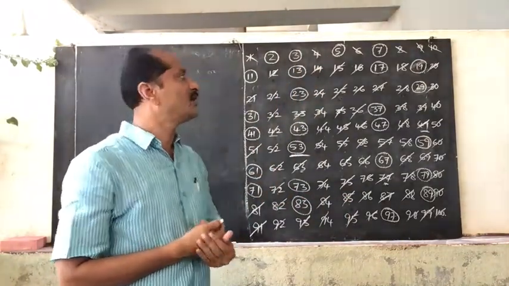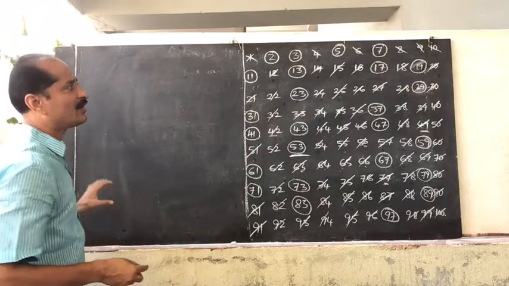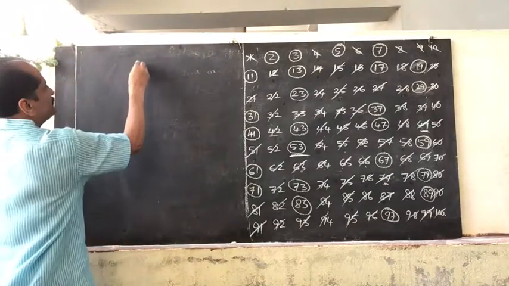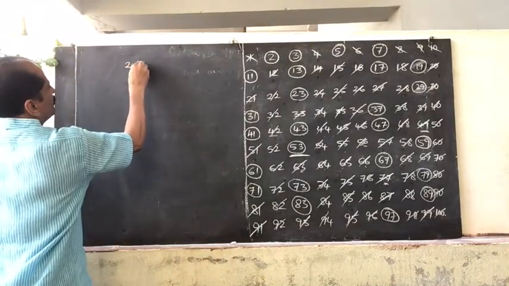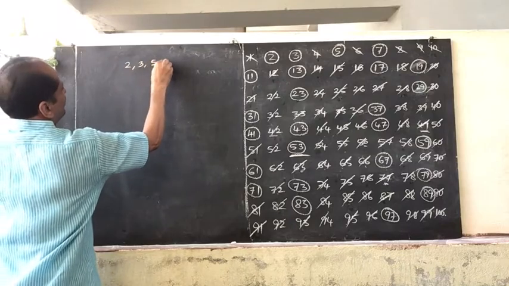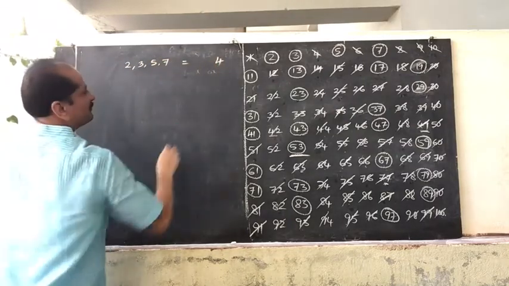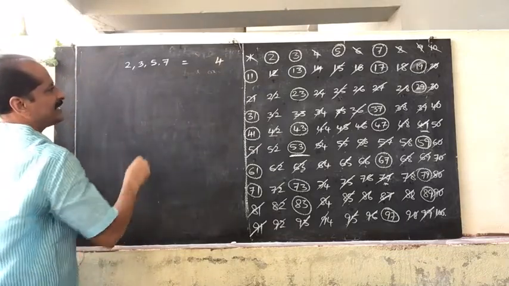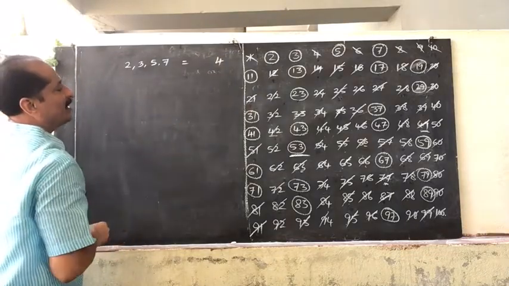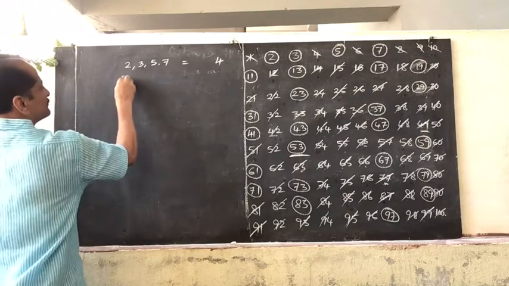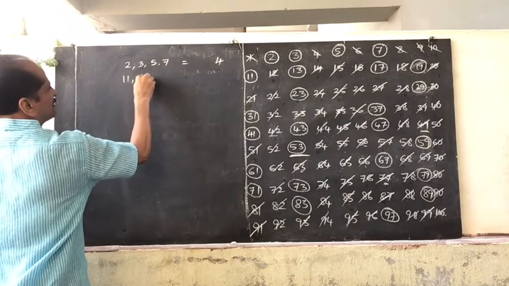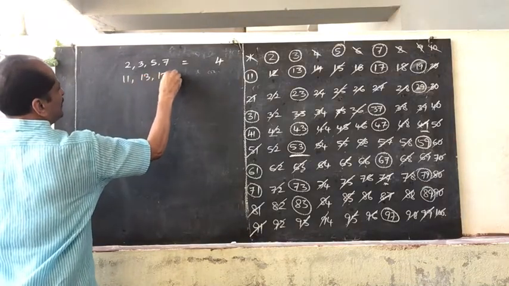So now what are the prime numbers that we have between 1 to 10? We have 2, 3, 5, 7. So here we have 4 prime numbers between 1 to 10. And in the same way, in between 11 to 20, 11, 13, 17, 19.